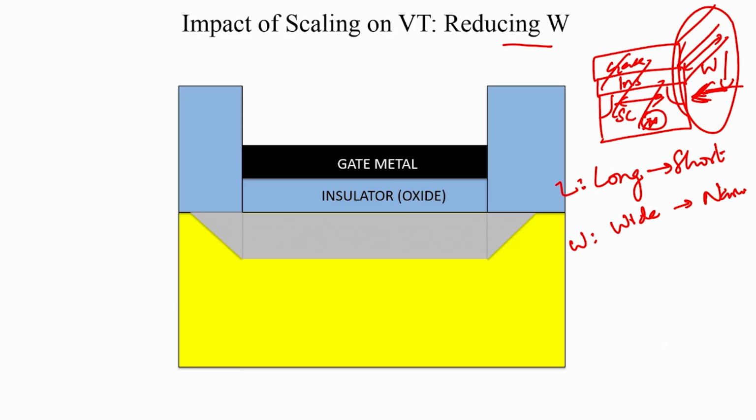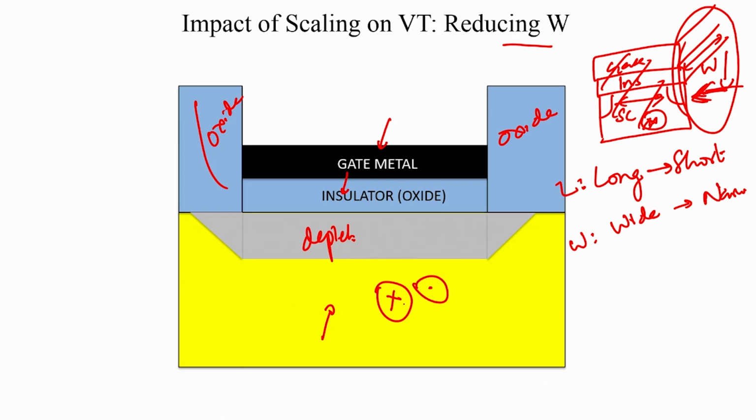channel. And you have your gate metal, you have the insulator, that is the semiconductor, and that is the depletion region, and you have oxides on all these sides, on the side walls. It is all insulator, and the source is somewhere outside the screen and the drain is somewhere inside the screen. So, the channel lies in and out of this plane.